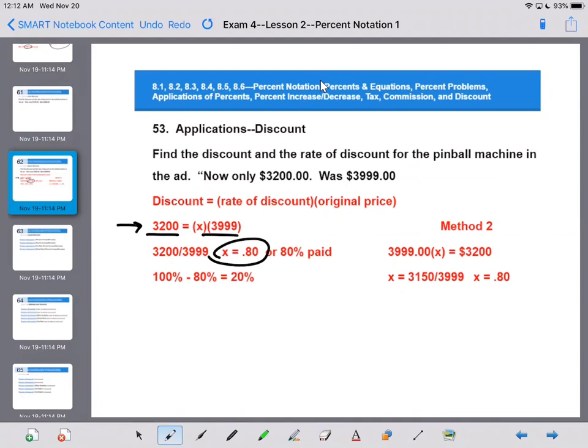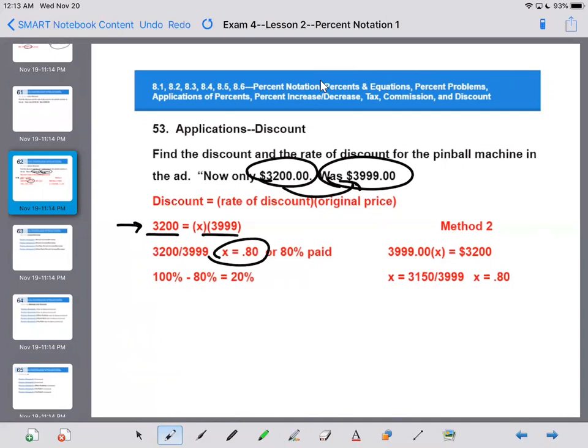So really, it's 80% paid, but it's really 20% that was taken off. So if it was almost $4,000 and now you're paying $3,200, then what you're finding is, well, our answer is 80% of this. 3,200 is 80% of the 3,999, which means you had a 20% discount.